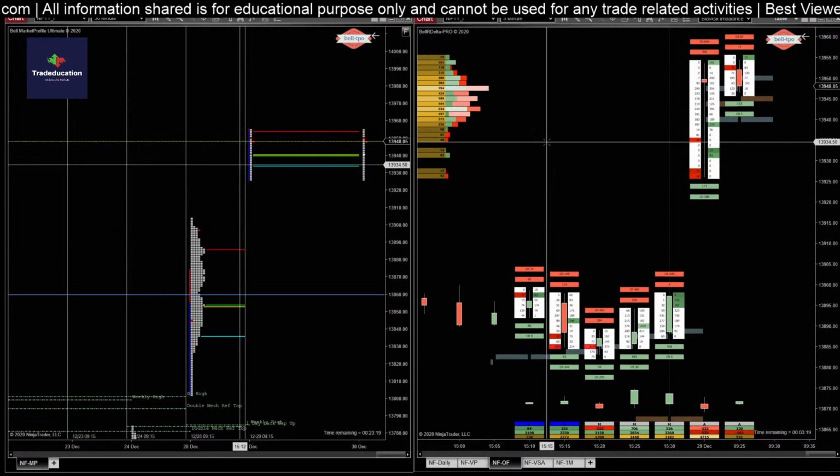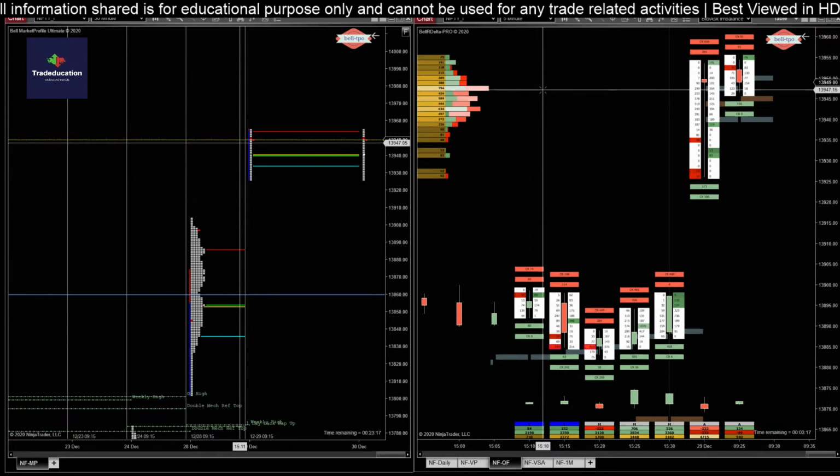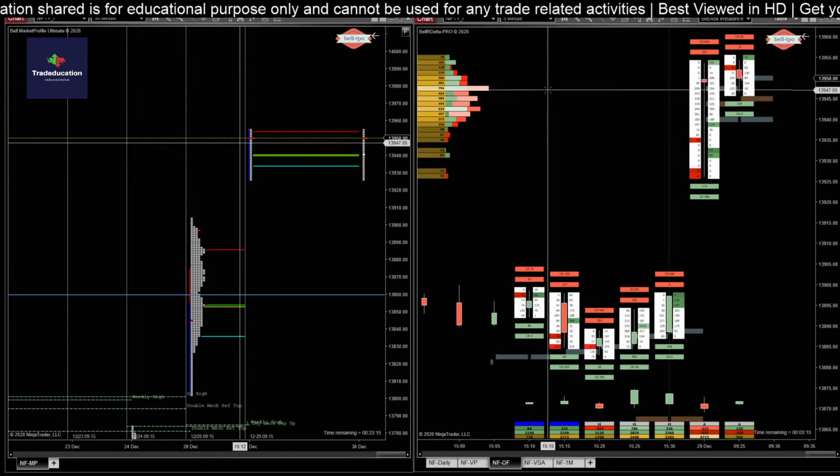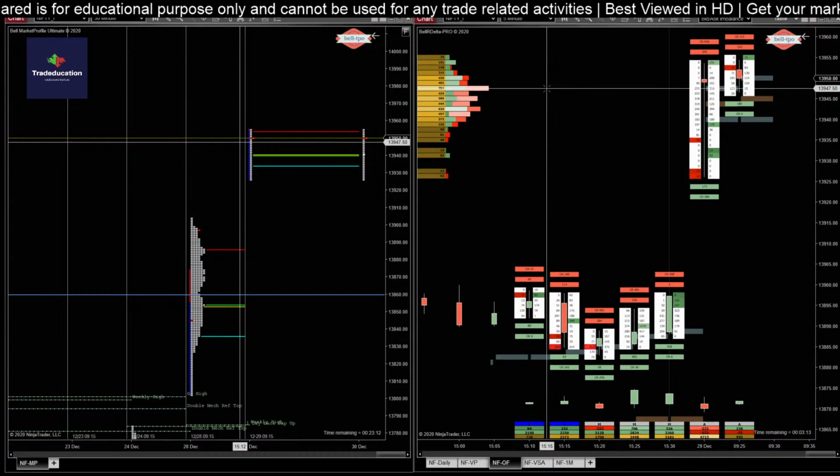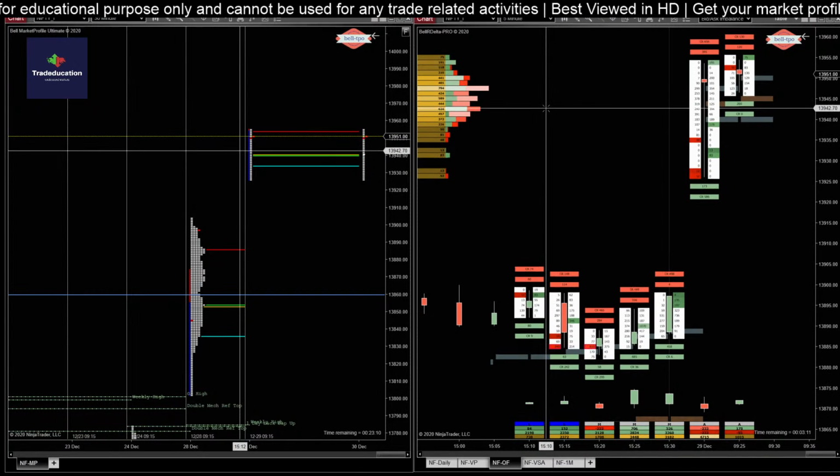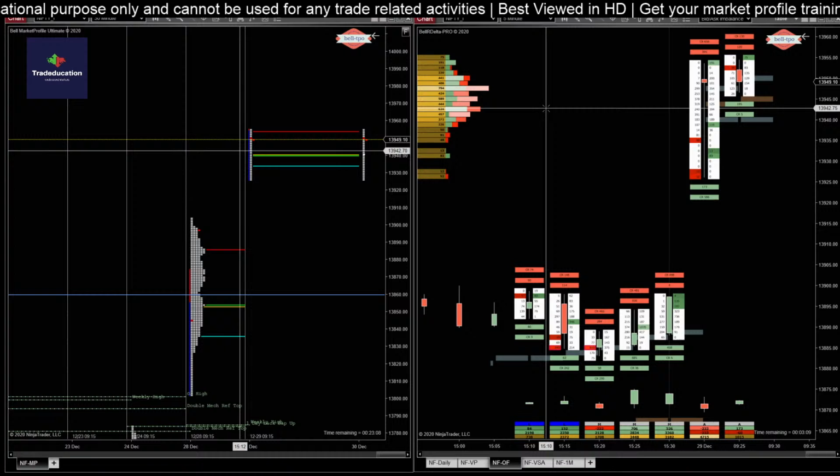Okay, so this is a major level where both buyers and sellers are there. So let's wait for this level to get cleared. This is the second support level which I'm seeing.